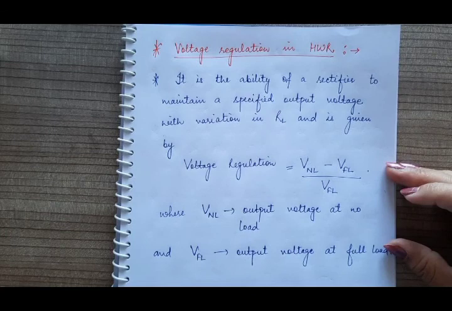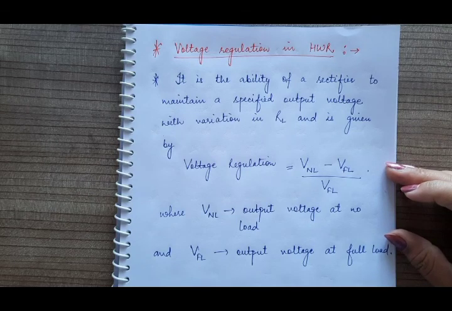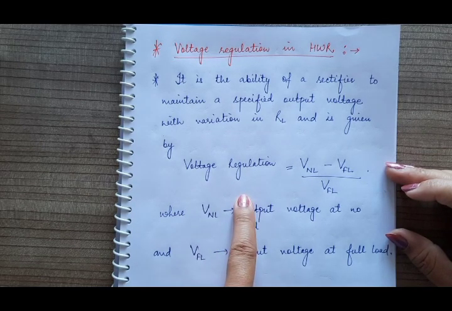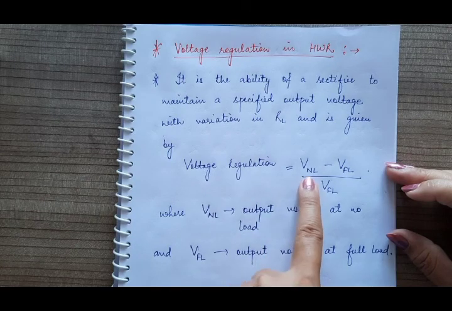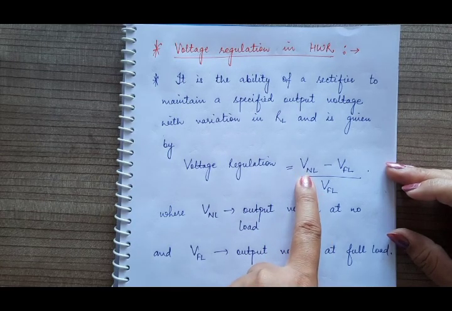So voltage regulation in a half wave rectifier, its general definition is the ability of any rectifier to maintain a constant specified output voltage at any desired level with a variation in load resistance RL, and it is given by this mathematical expression: voltage regulation is equal to the ratio of output voltage at no load minus voltage at full load, to the voltage at full load.